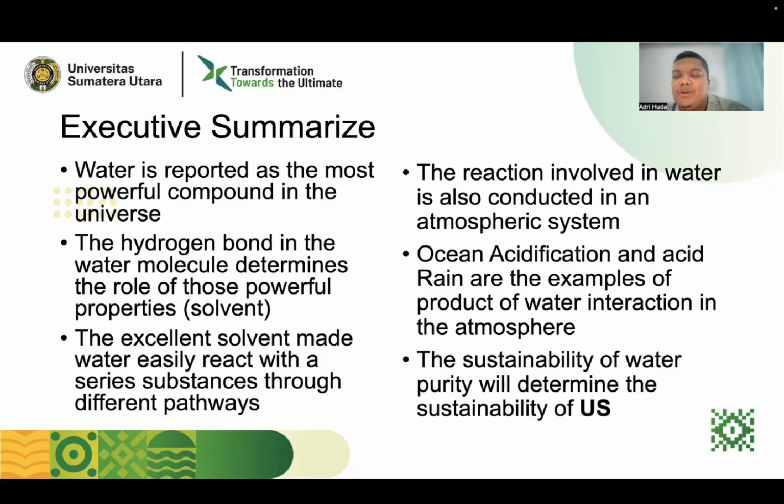That's why we have to maintain the sustainability of water purity by using a proper water system, and also try to ensure that the water hydrological cycle or water system cannot be destroyed by our anthropogenic activities, for example, industrialization, agriculture, and so on.